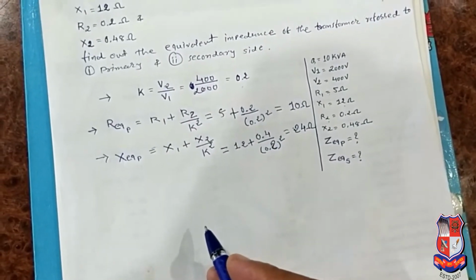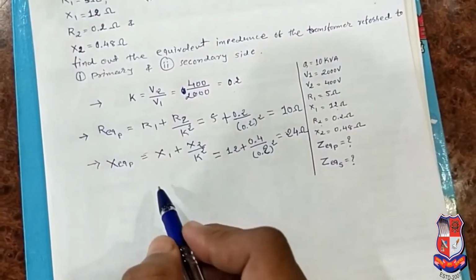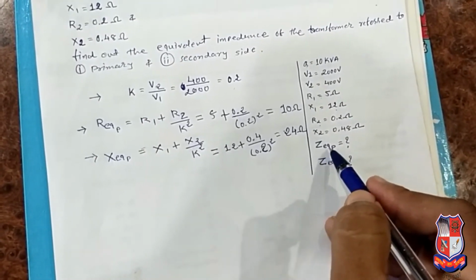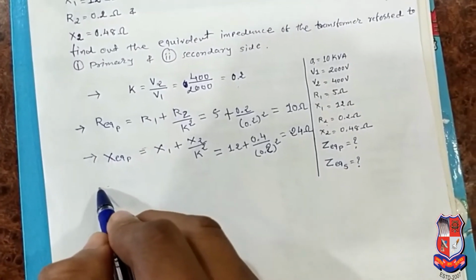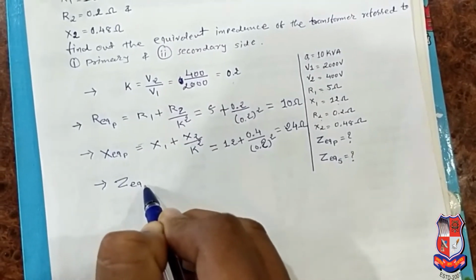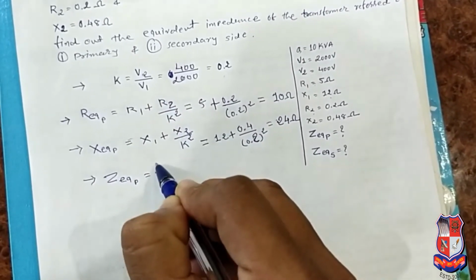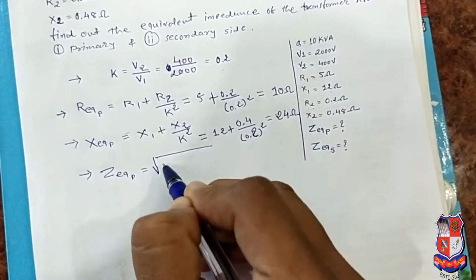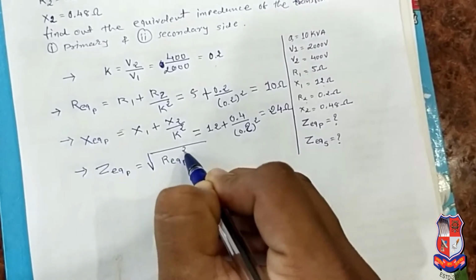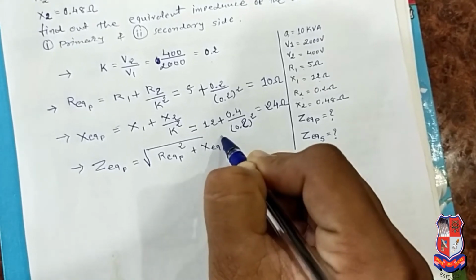Now we have all the values to solve the equivalent impedance of primary. The equation of this is under root of R equivalent of primary whole square plus X equivalent of primary whole square.